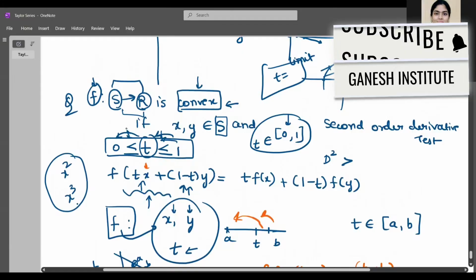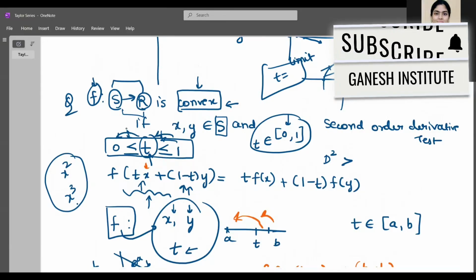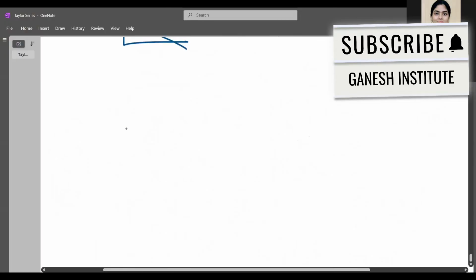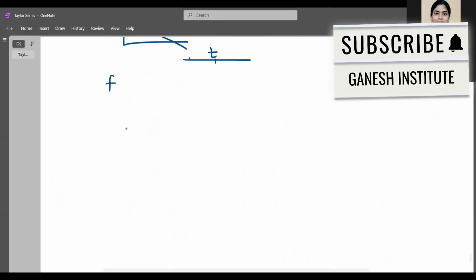Is it fine? Now, if I'm considering that t is lying from 0 to 1, if this is my interval, what will be my total weighted average of two functions? Let me rewrite. Because t is lying from 0 to 1, closed interval, I can split it into two intervals.